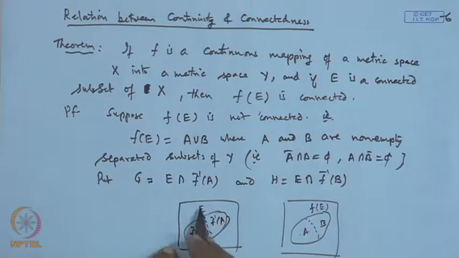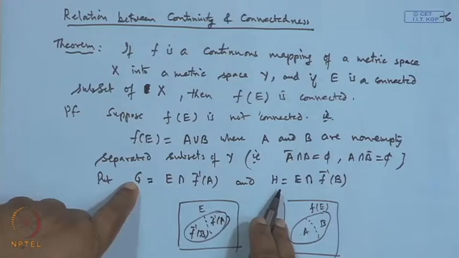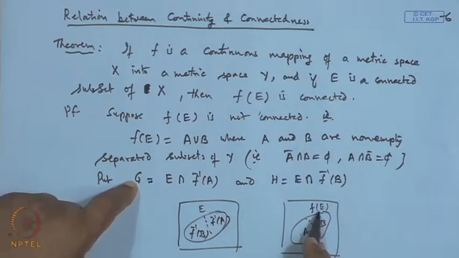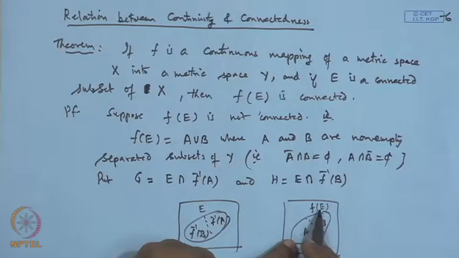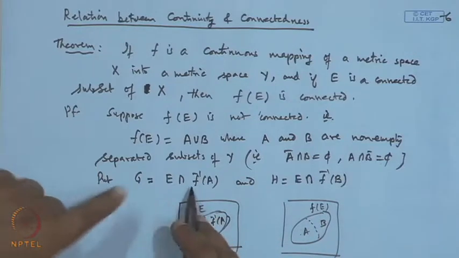Then G and H will be non-empty sets, because f(E) we have assumed is not connected, so A and B are non-empty, their union is f(E), and they are separated. So the inverse intersection will be non-empty.